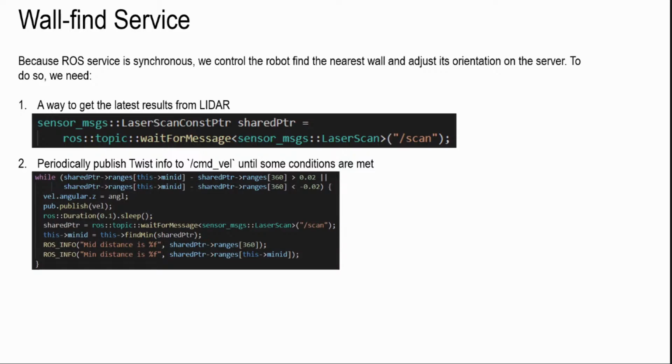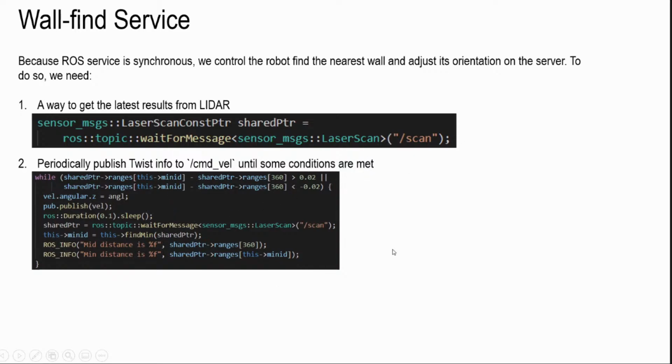In order to do so, I found a way to get the latest results from LiDAR by using this ROS topic wait for message. And I also use this publisher to periodically publish twist information to cmd_vel until some conditions are met.